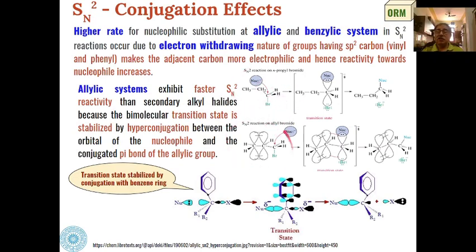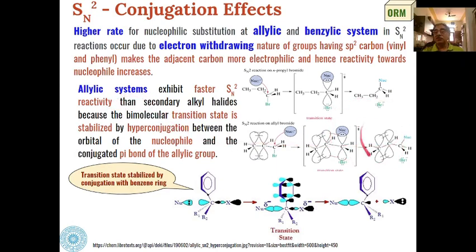In allylic systems, the bimolecular transition state is stabilized by hyperconjugation between the orbital of the nucleophile and the pi bond of the carbon-carbon double bond present in the allylic group. And because of this hyperconjugation between the nucleophile and these, the reactivity of allylic systems is higher in SN2 type of reaction.